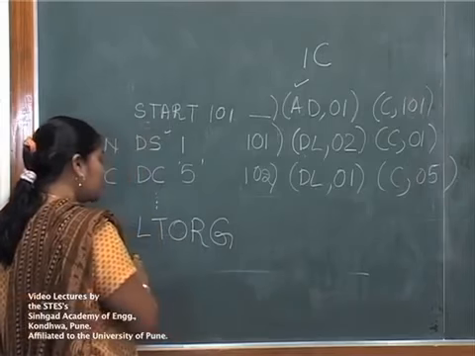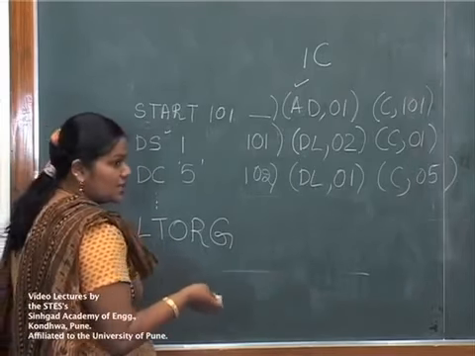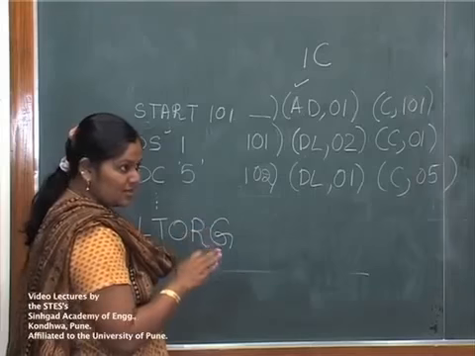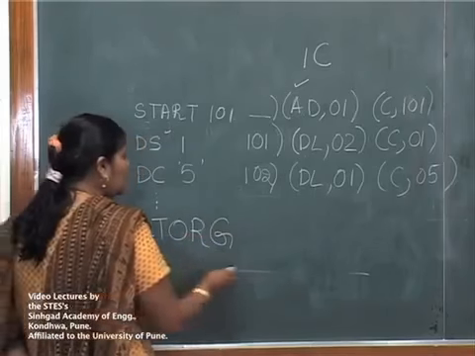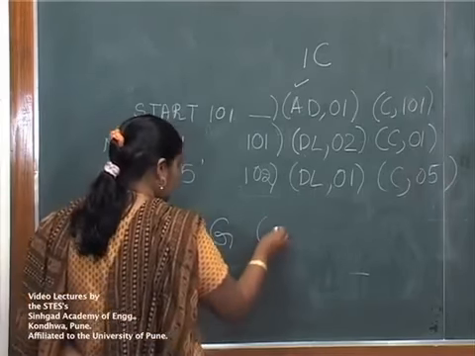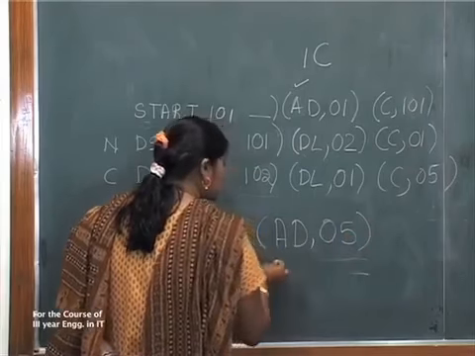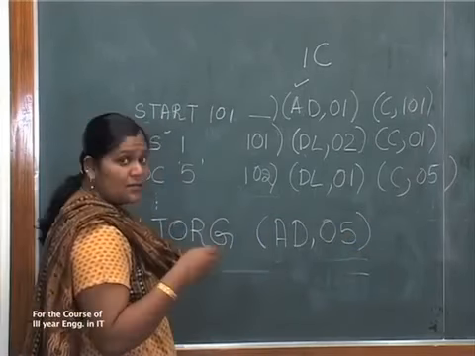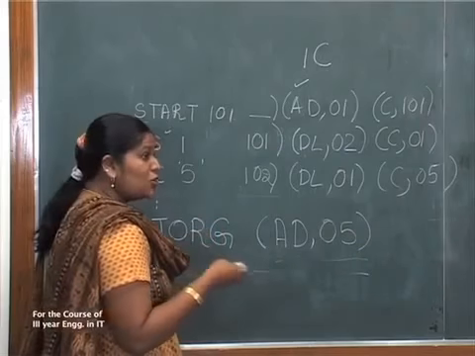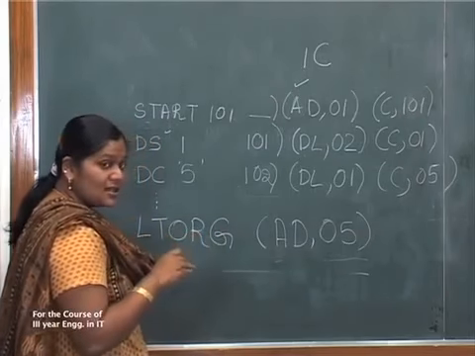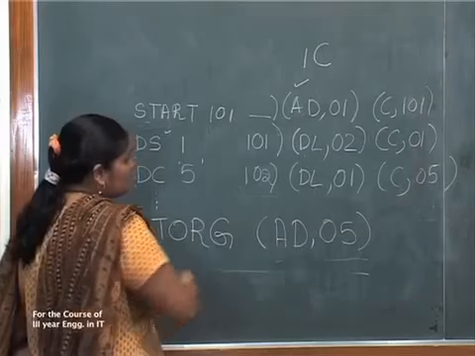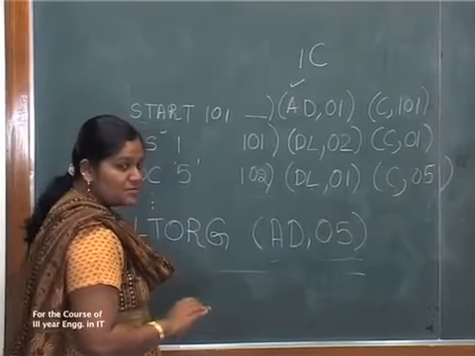Now when you transfer the job of associating addresses to literals to pass2, all you are going to write is an assembler directive, AD 05. So if you write such a statement, it becomes the job of pass2 to associate the address values with the literals that have been encountered in the program so far.